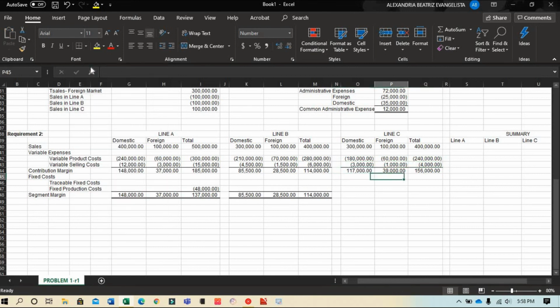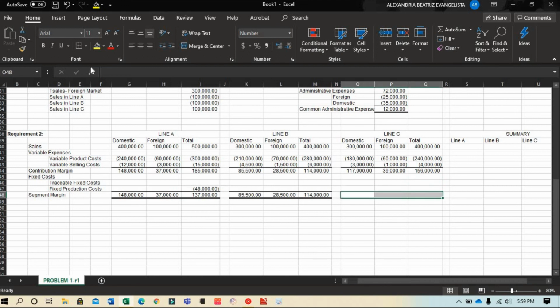So contribution margin for domestic market under line C is 117,000. For foreign market it is 39,000, and then for the total contribution margin for line C it is 156,000. And then for the traceable, again there are no traceable fixed costs under this.